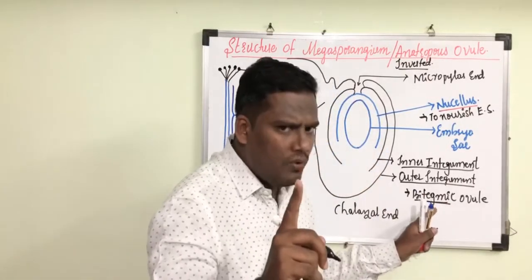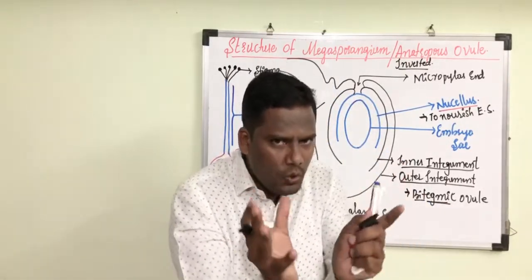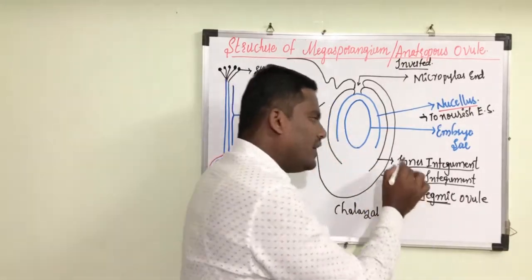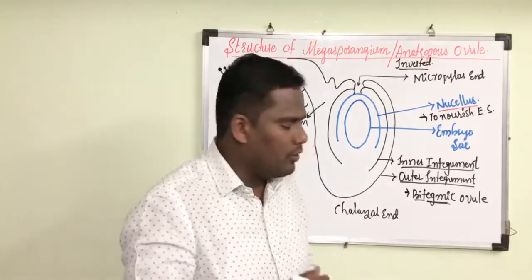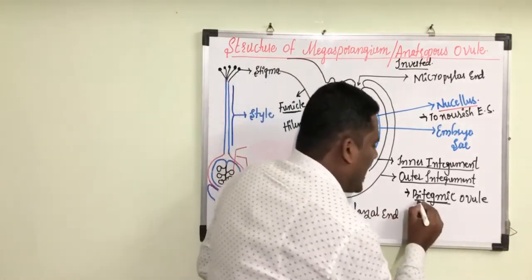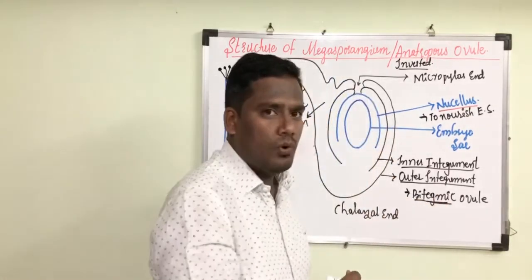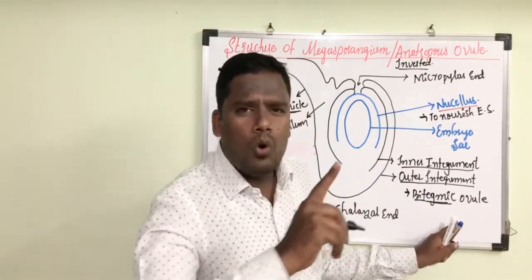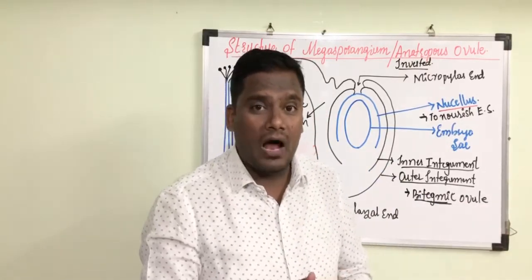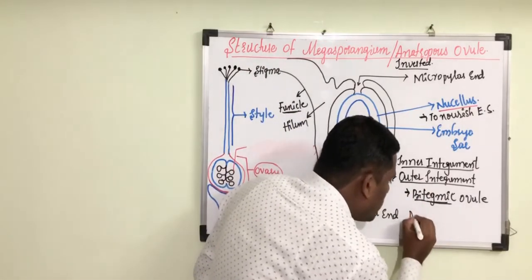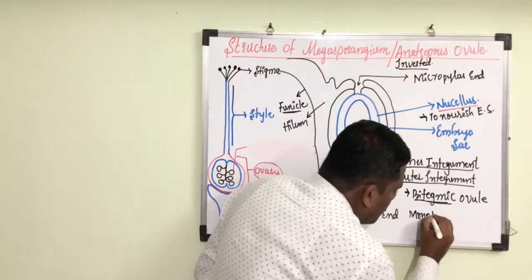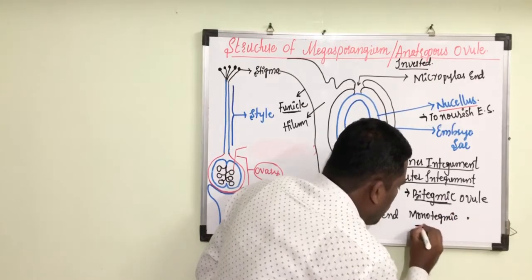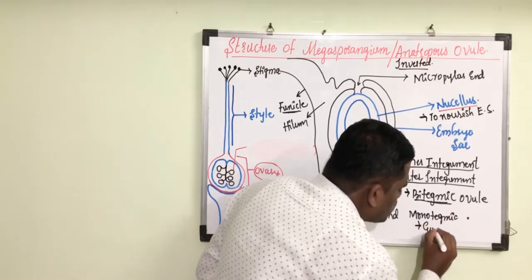Bitegmic ovule is very common in most angiospermic plants, whereas monotegmic ovule is found only in gymnosperms.